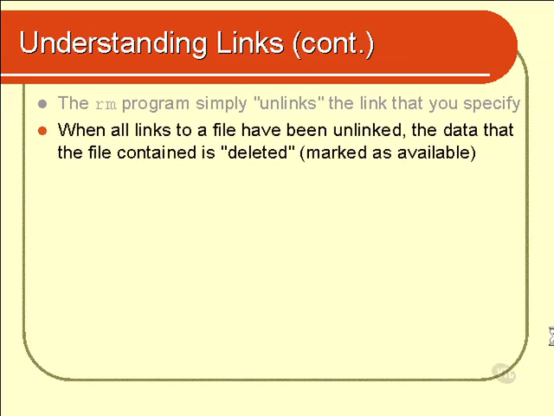So the implication of all of that is that any old file is simply a file that contains one link. If you create a file somehow, perhaps using vi, it will simply be a file that contains one link. You can create as many links as you like to that original data, and even delete the original link or the original reference or the original name to that data, and the data will still be intact.